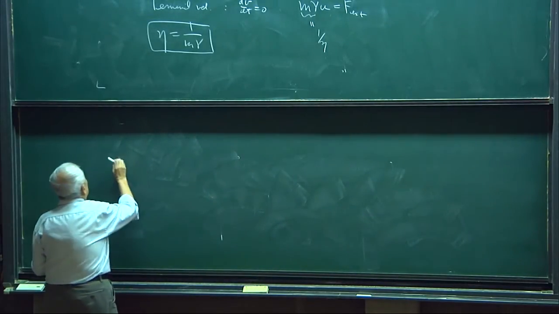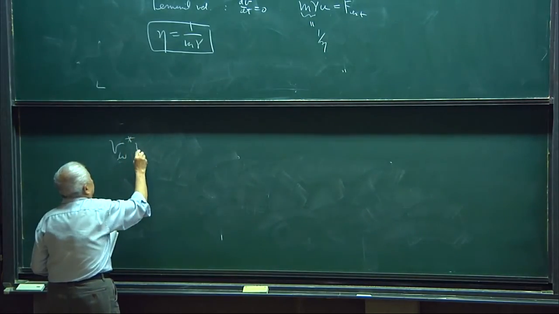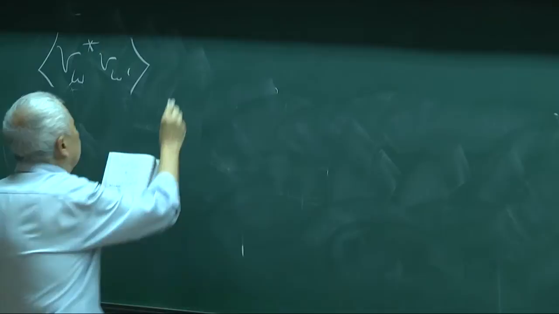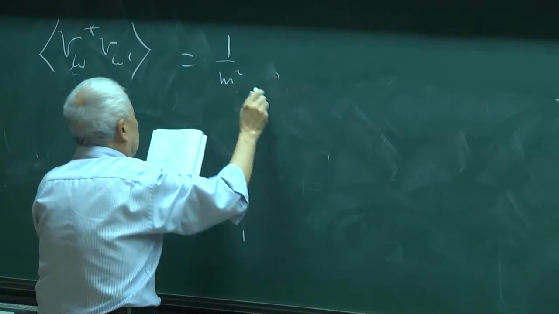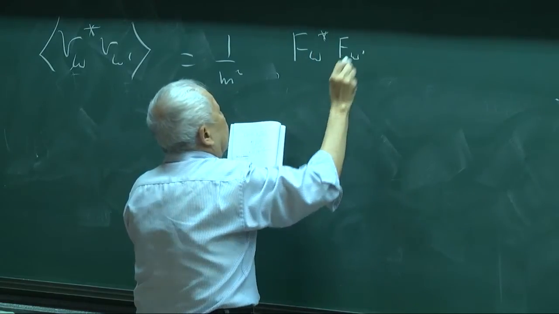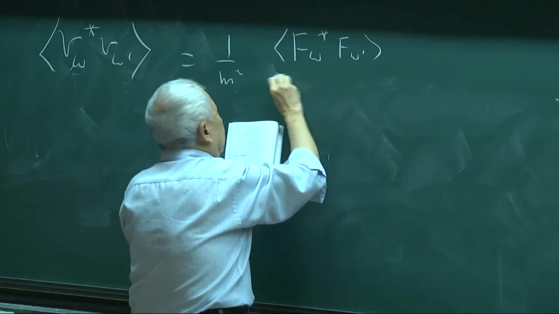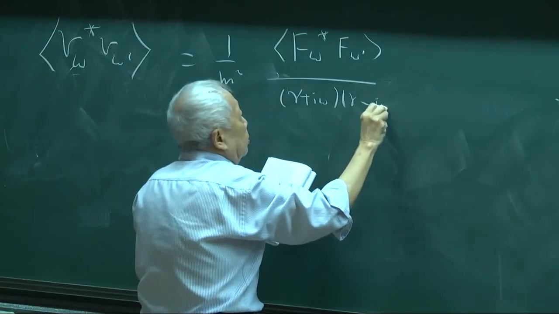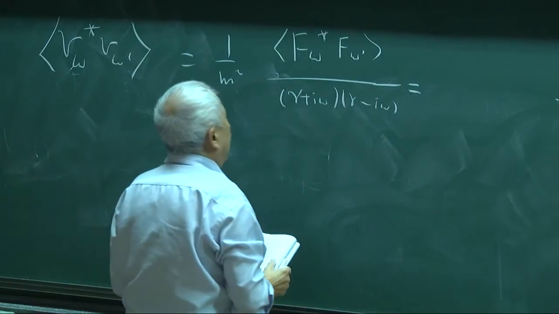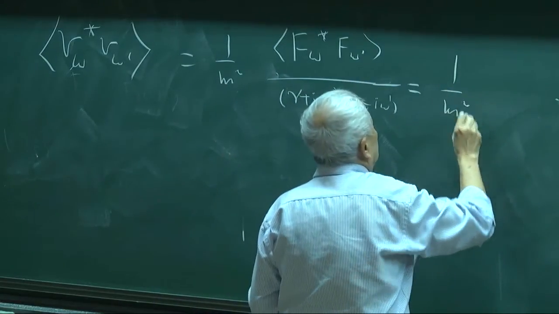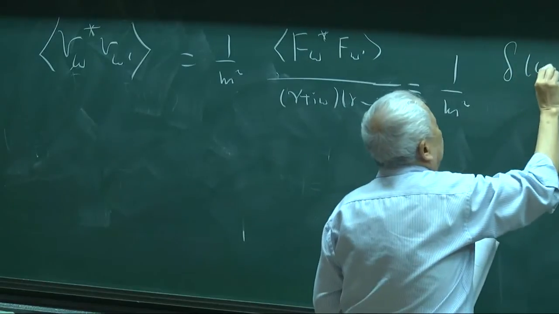Let us now calculate the average of v omega star, v omega prime. Using the solution there, I get 1 over m squared times the average of f omega star, f omega prime, divided by gamma plus i omega, gamma minus i omega prime, and I get 1 over m squared times delta of omega minus omega prime.